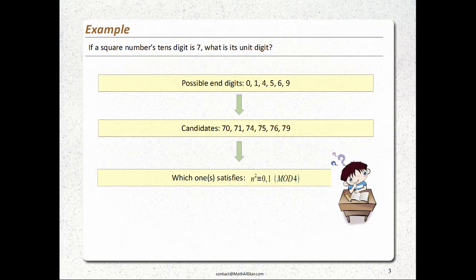To verify whether a number satisfies these two conditions, it is sufficient to just check its last two digits. Hence, we find among these candidates, only 76 is a possibility. Meanwhile, we have already found a perfect square, 576, which ends with 76. Therefore, we can conclude its unit digit must be 6.